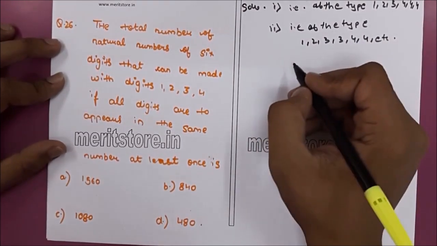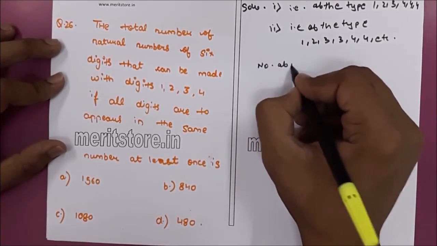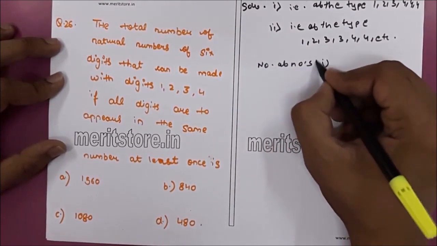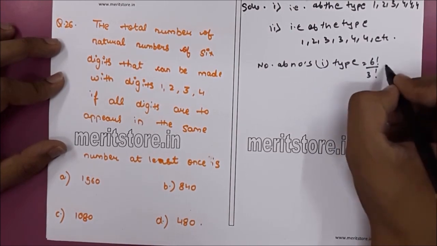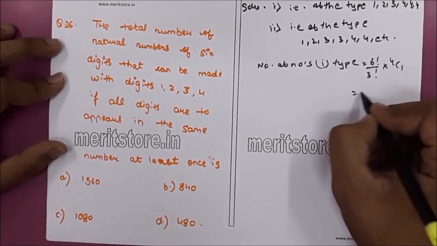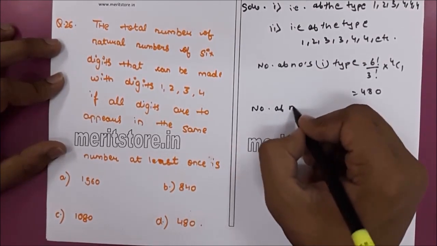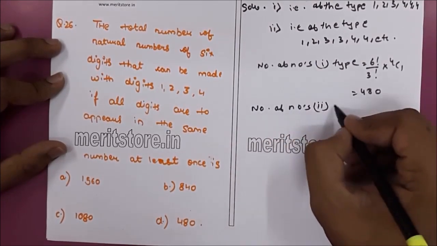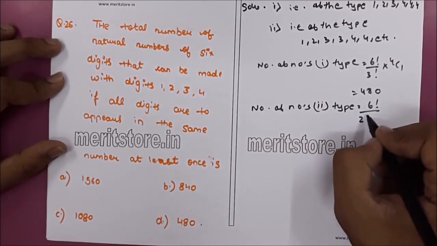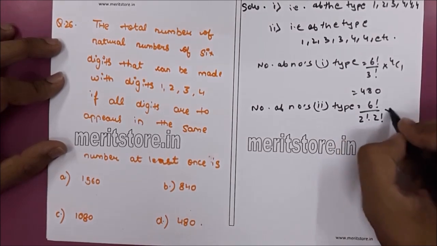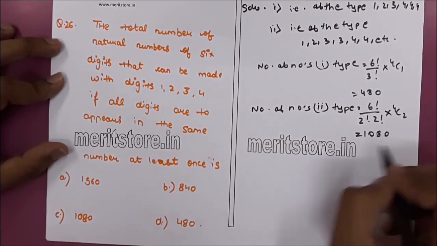Now, number of numbers of type 1 is equal to 6 factorial upon 3 factorial into 4C1, that is equal to 480. Number of numbers of type 2 is equal to 6 factorial upon 2 factorial into 2 factorial into 4C2, that is equal to 1080.